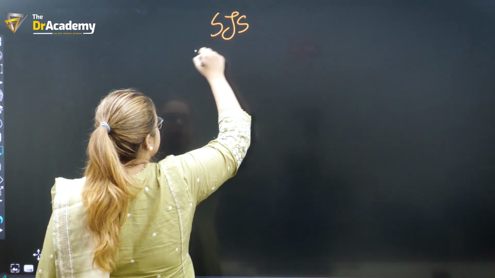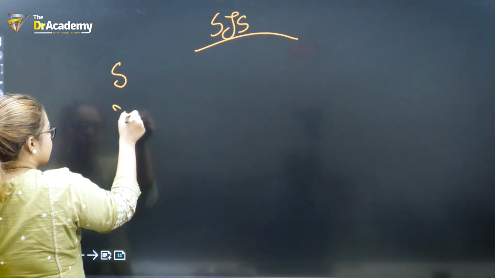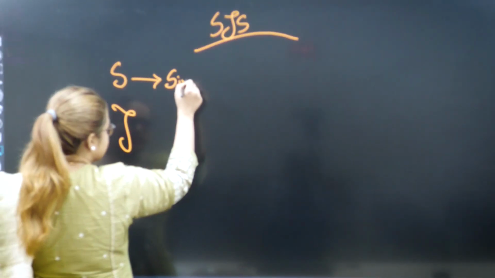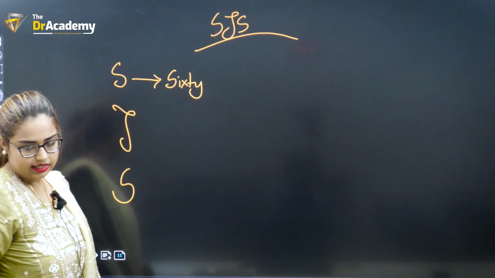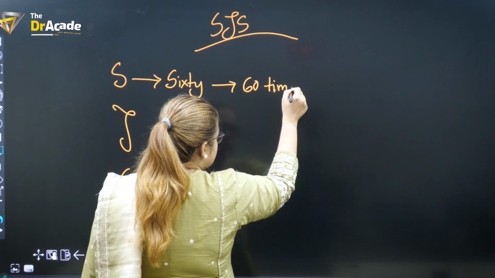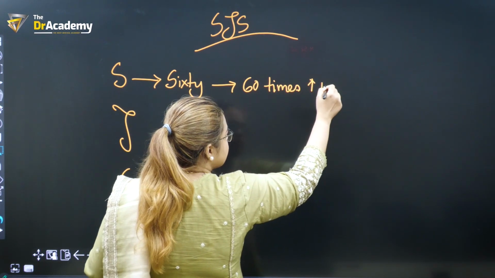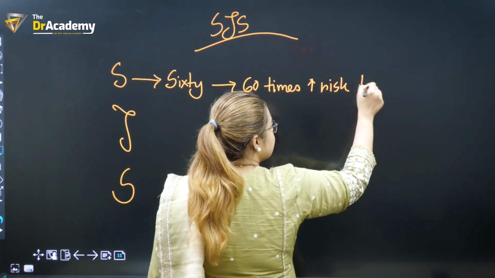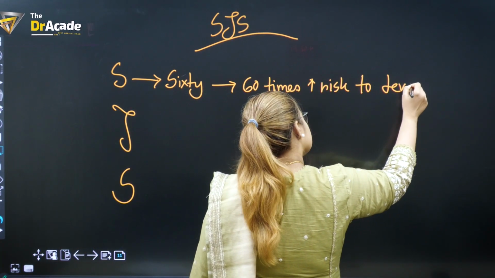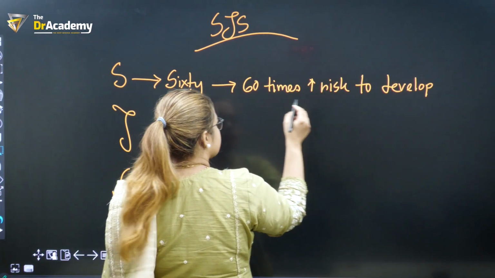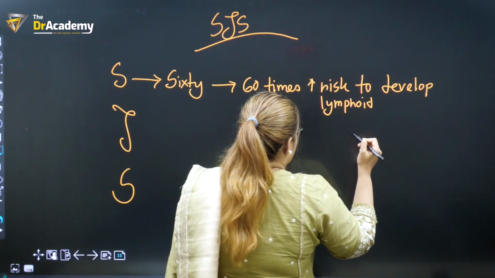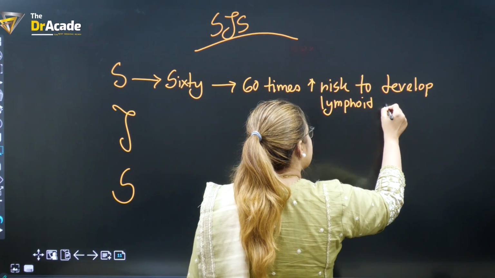Sjogren syndrome is J S, that is the 60. Why 60? That is 60 times increased risk to develop lymphoid malignancy.